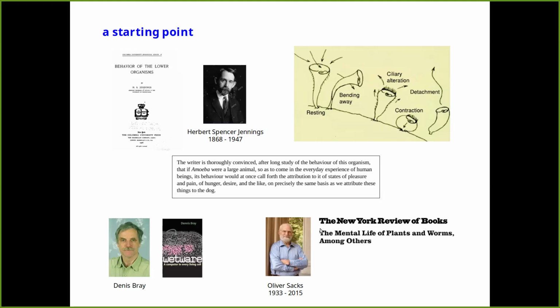And Sacks extracts a quotation from Jennings, which I put in the middle of the slide here, about Jennings's view of this kind of behavior, suggesting that the behavior even of these single cells was of a level of complexity that could be compared with that of animals. Now, there's a long history associated with this.